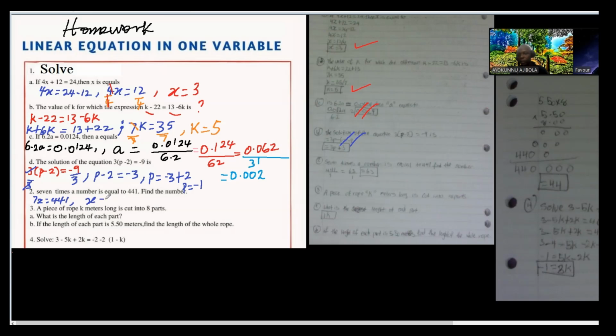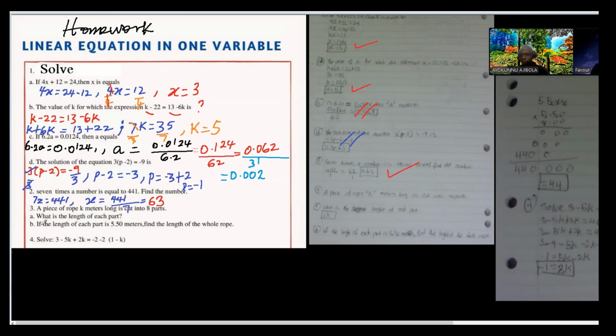So we have x equals 441 over 7. How many 7s are in 44? That is 6, which is 42. Remember 2. How many 7s in 21? That's 3.